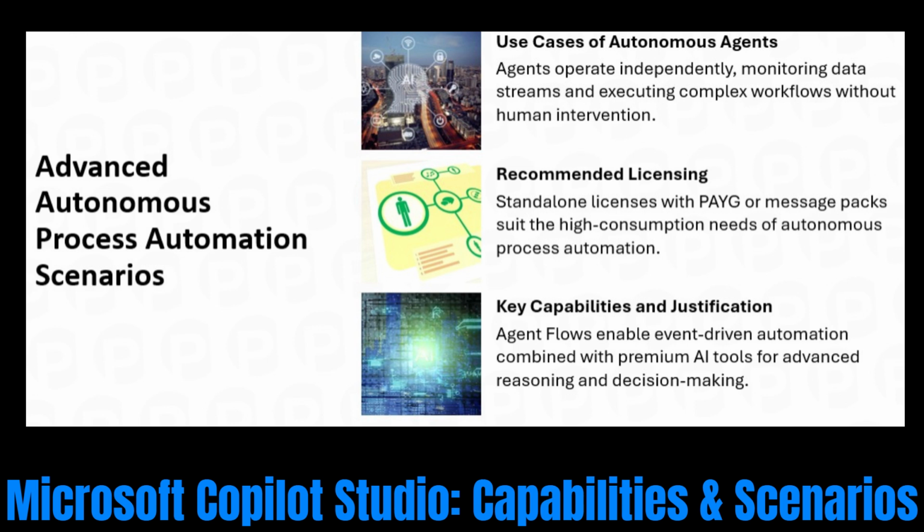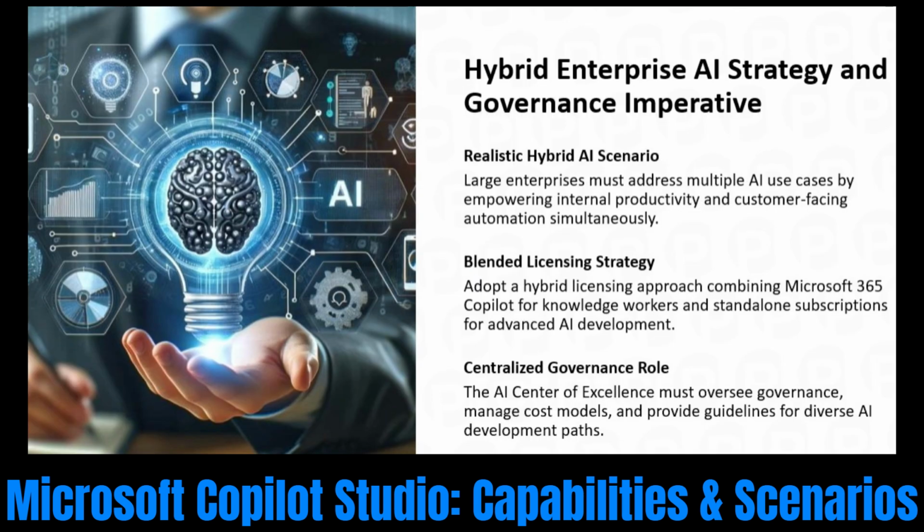Now, what's probably most common? Scenario D, a hybrid enterprise AI strategy. This is the reality for most large organizations. They need a bit of everything we just discussed, often all at the same time. Internal bots, external bots, simple automations, complex ones. Exactly. So the recommended approach is a blended or hybrid licensing strategy.